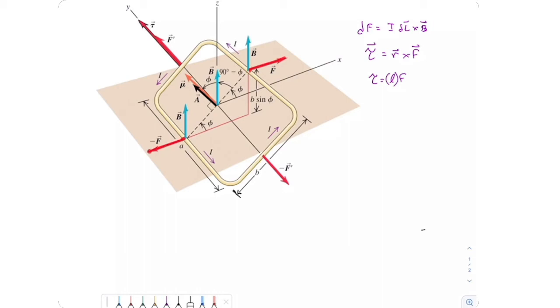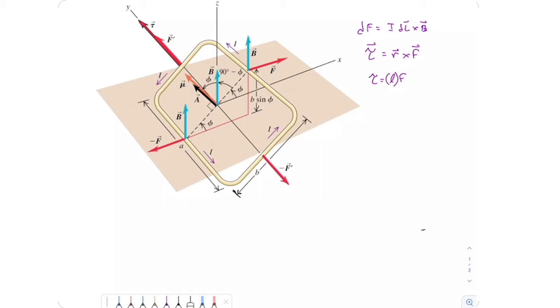If we look at these two forces, they're not acting along a common line, right? One is acting along the bottom plane, one is acting along the top plane. They're displaced, and they're going to cause a torque. So if we think about what effect they would have on this loop, they're going to try to twist it, right, to be in the xy plane.